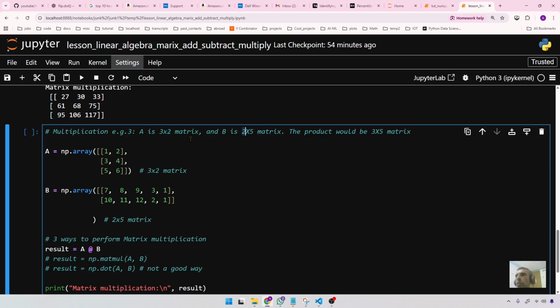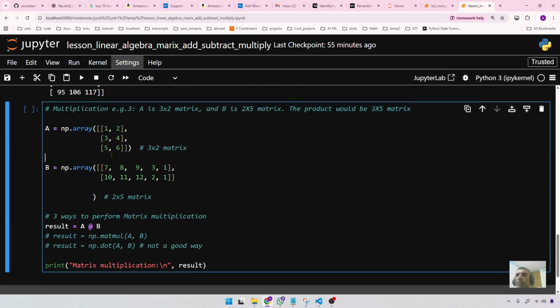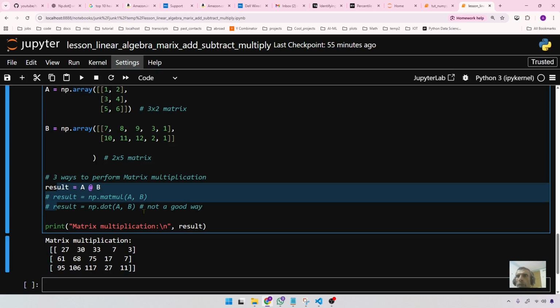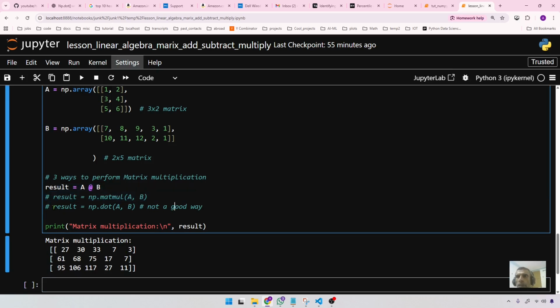That means you can perform matrix multiplication, and your final product is going to be a 3 by 5 matrix. If you multiply these matrices, you can see your answer has 3 rows and 5 columns. All three methods produce the same result. Generally I don't use this method. I prefer this one or even this one. This is good too.